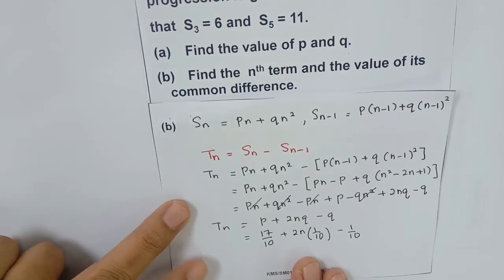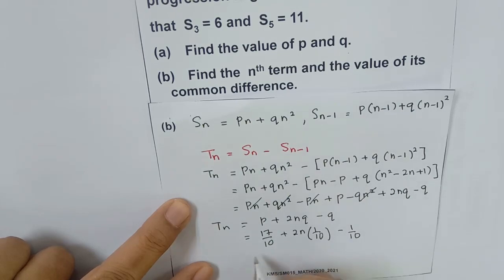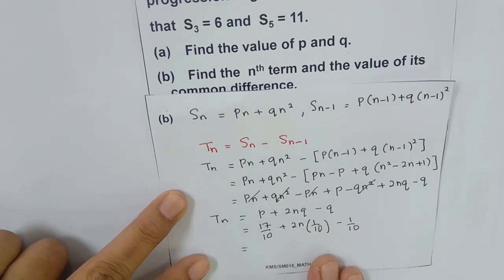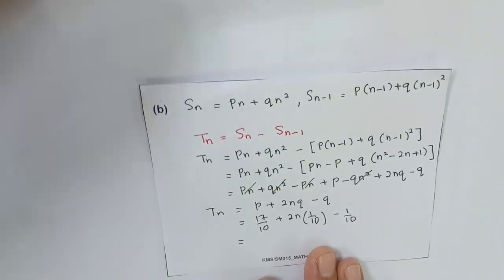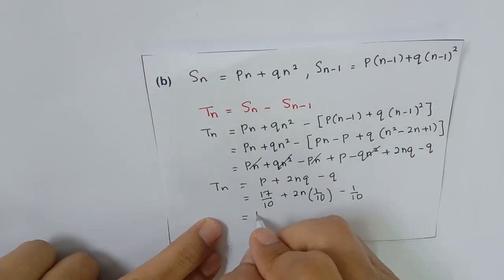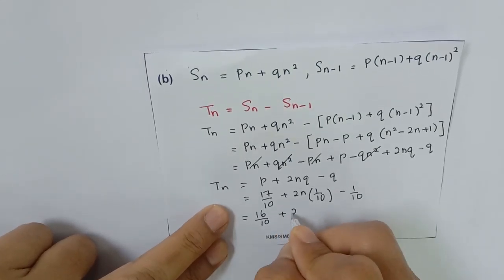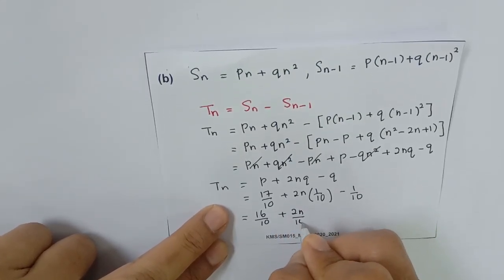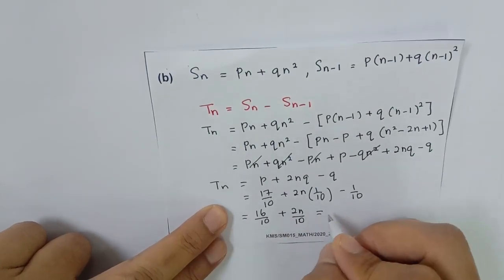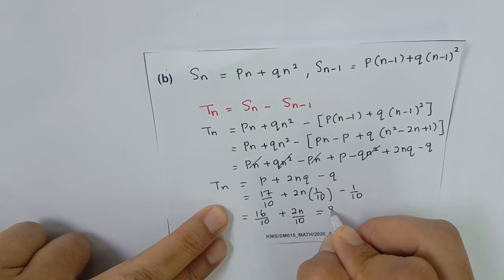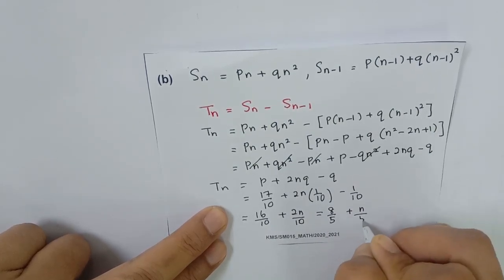Okay, 17 over 10 minus 1 over 10 is 16 over 10 plus 2n over 10, and simplify: 8 over 5 plus n over 5.